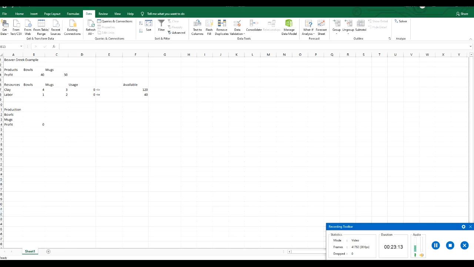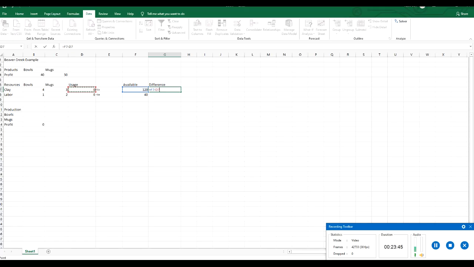We're going to come over here and enter the difference, and by that I mean equals number available minus the actual usage. The reason we're doing this is we want to know how many of our resources are left over. This isn't critically important yet, but it will become important in the future.